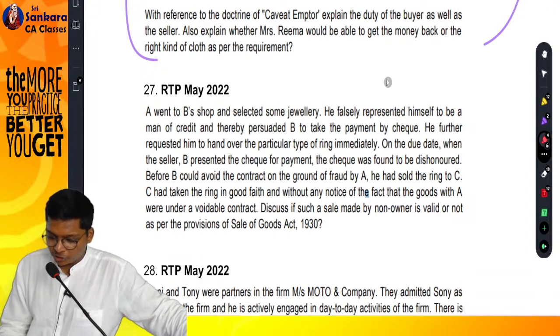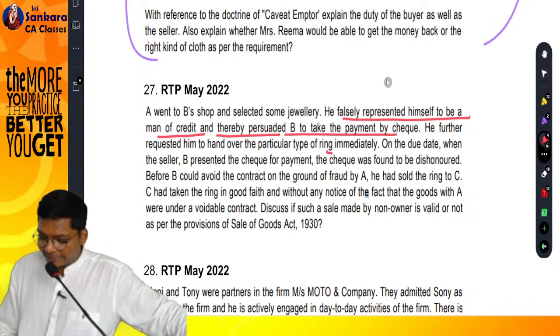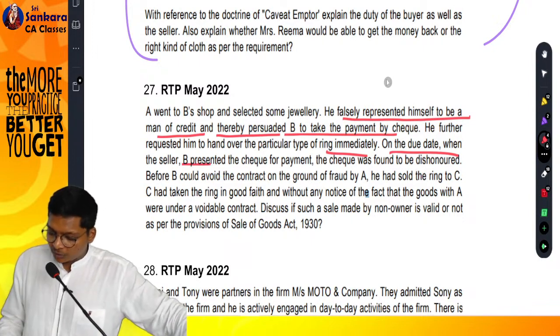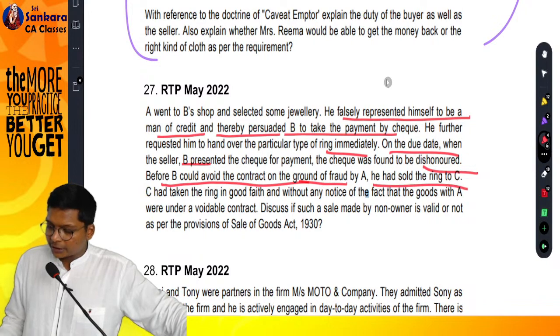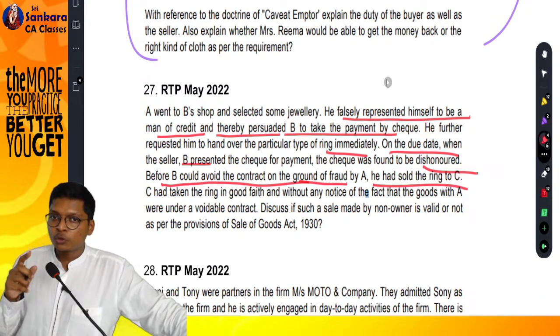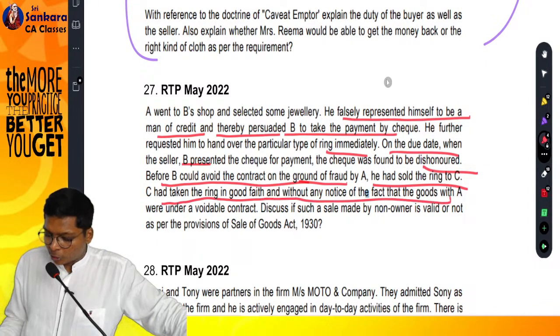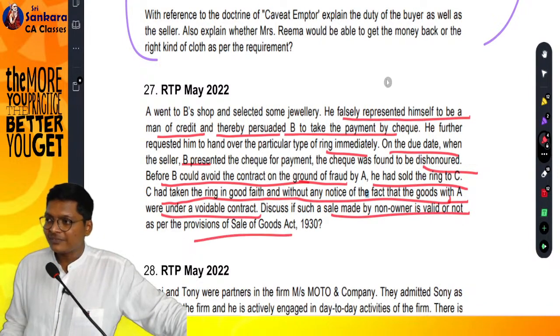A went to B's shop and selected some jewelry. He falsely represented himself to be a man of credit and thereby persuaded B to take payment by cheque. He further requested him to hand over the particular ring immediately. On the due date, the seller B presented the cheque for payment. The cheque was found to be dishonored, a breach of contract. Before B could avoid the contract on the ground of fraud, A sold the ring to C, a buyer in possession of goods before sale. C had taken the ring in good faith without any notice of the fact that the goods with A were under a voidable contract. Discuss if such a sale is valid or not.